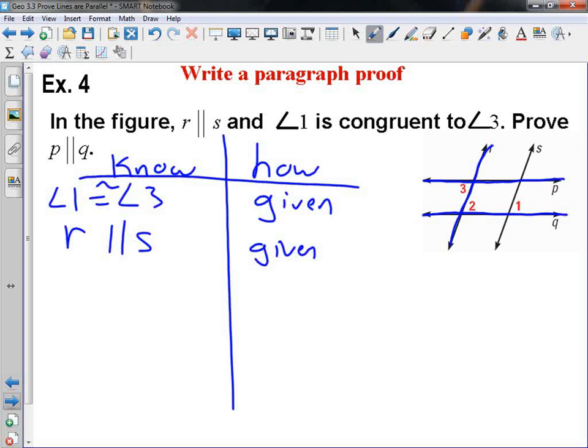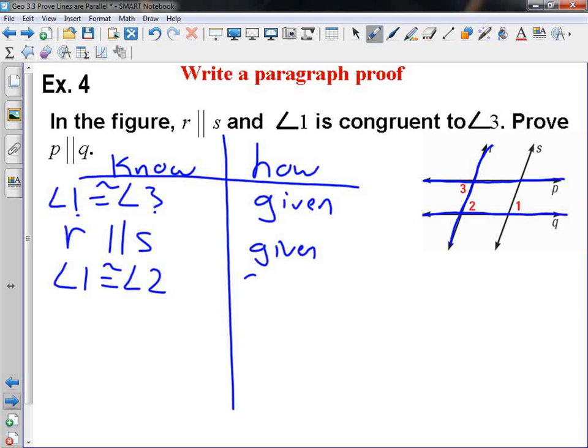Now we need to get it down. What Jose said is, I know 3 is congruent to 1. It'd be nice if I knew 3 was congruent to 2. So I'm going to do this the long way. I'm going to say angle 1 is congruent to angle 2. How do I know that? Because they're corresponding angles on parallel lines.